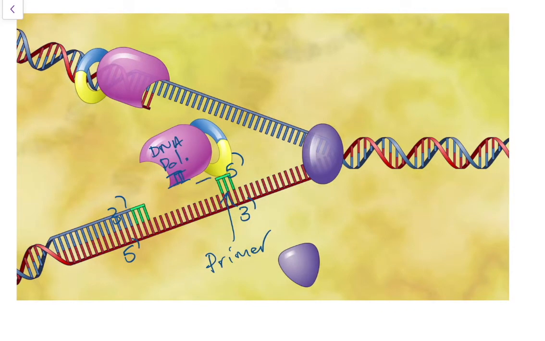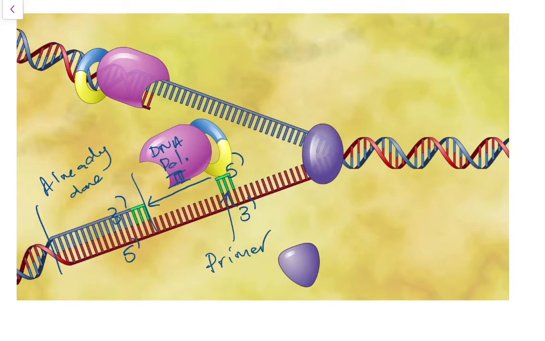So it's going to add, but you can see it can only add a bit, because then it's going to reach a point where either it was an already done section, or if it's the very starting bit, it can't keep going because the DNA is not unwound.